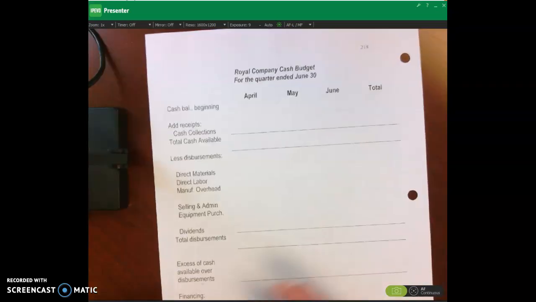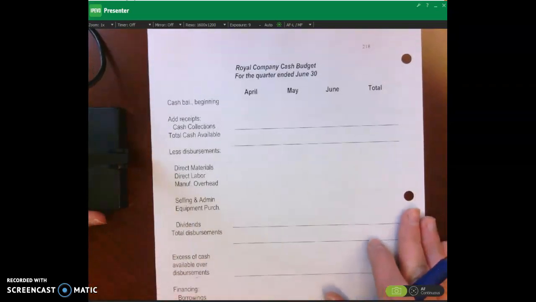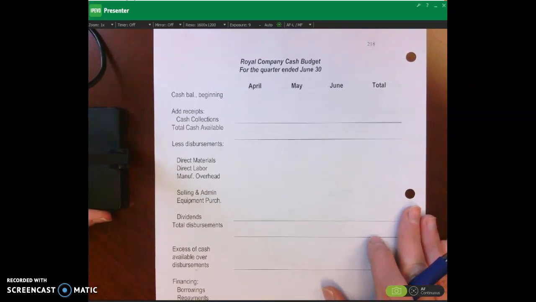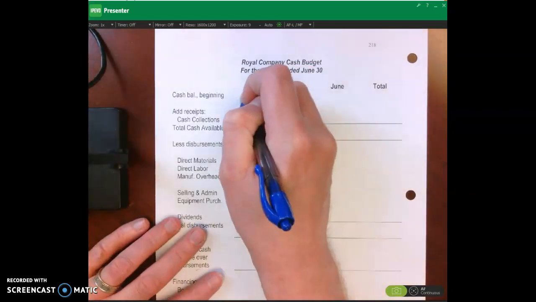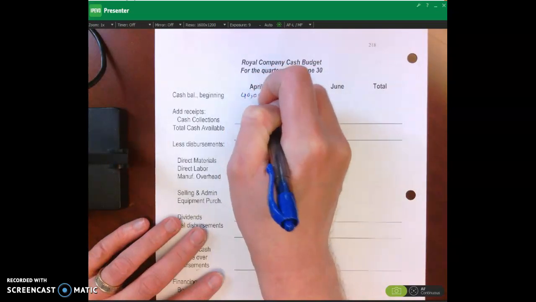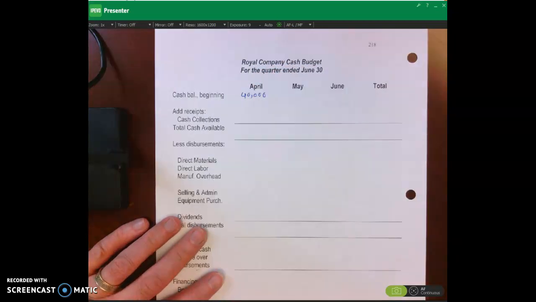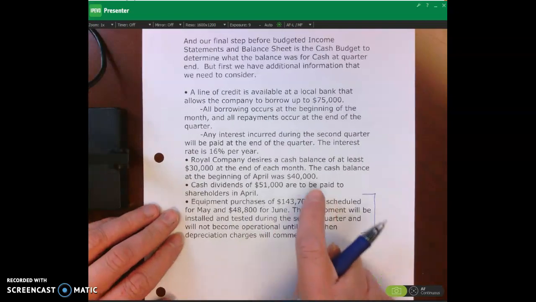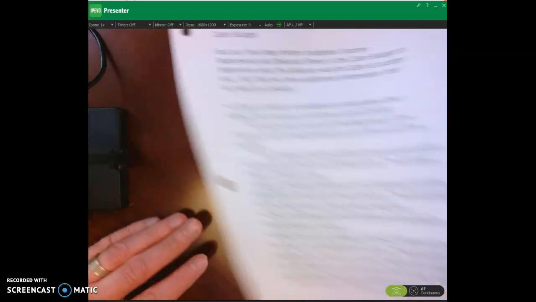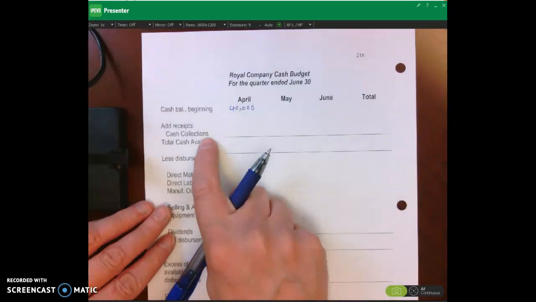Okay, so if we look over here with our cash budget, we can go ahead and start completing this. So we were told on the prior page that we had $40,000 in beginning cash. That was given to us, and that's right there. Okay? Then, cash collections.